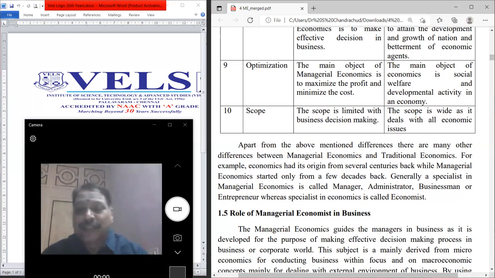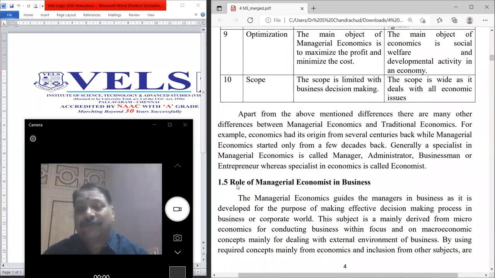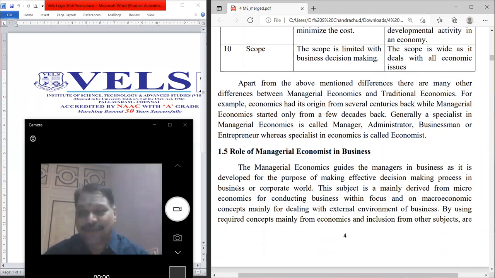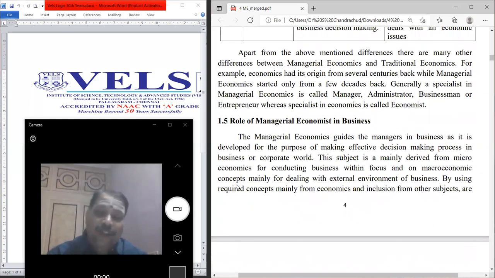Now let us move to the next topic, the role of managerial economics in business. Managerial economics guides the manager in business, as it is developed for the purpose of making an effective decision-making process in the business or corporate world.